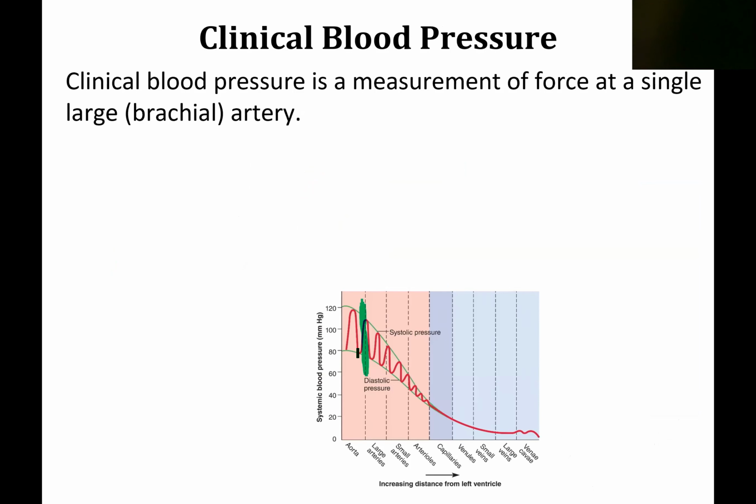Typically, the brachial artery is the ideal site because that's where blood pressure is most often taken. Yes, it can be taken at the wrist, but then you're using smaller arteries. It can also be taken on the lower leg or thigh, depending on the size of the individual.